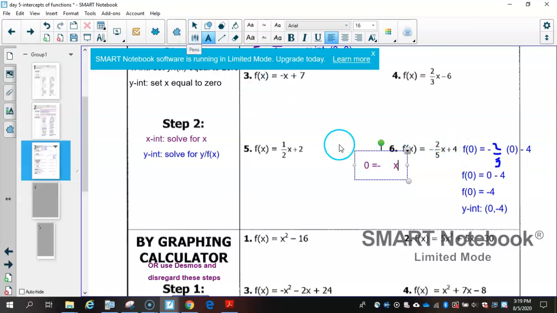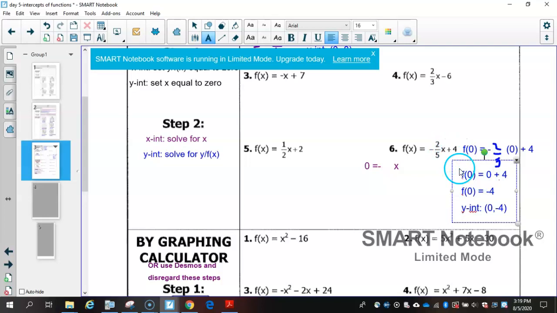Let me go back and fix that before I start on this one. So this was supposed to be +4. My apologies, I did not see that. I think my box was on top of the line, so it looked like it was just minus. That's an easy fix though. Okay, so 0 plus 4, so f of 0 equals 4, so the y-intercept is (0, 4).